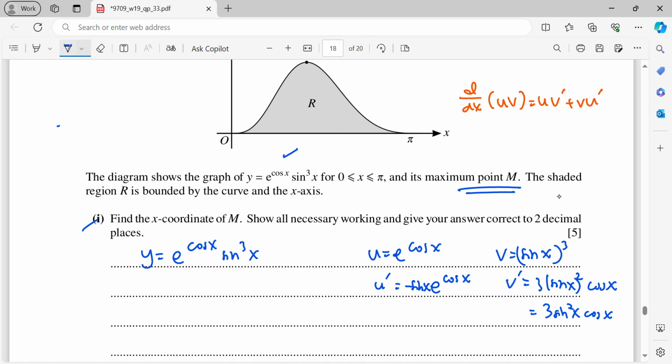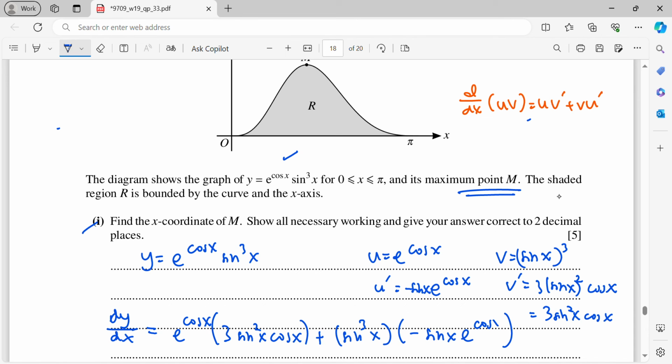So now my dy/dx is basically, by the product rule, e^(cos x) times 3 sine squared x cos x, probably I write like this, then plus sine cubed x times minus sine x e^(cos x).